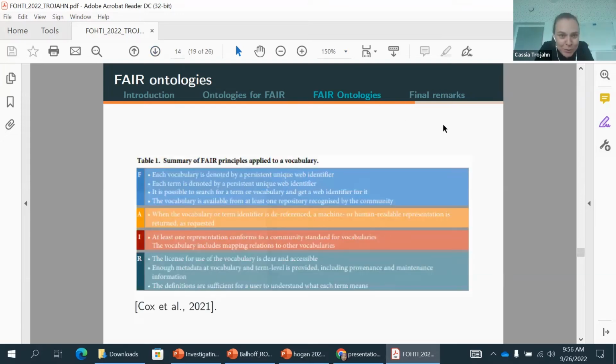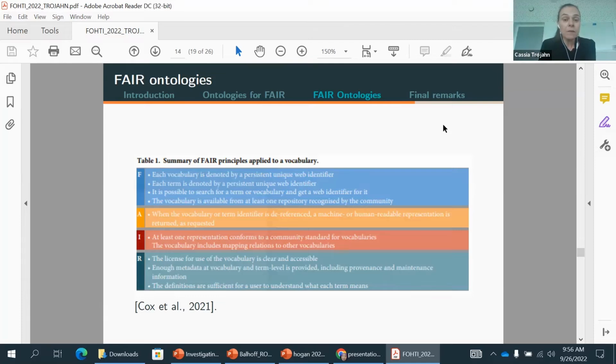I'm sorry, the resolution of the image is not very good, but this paper of Simon Cox has presented 10 simple rules in order to make ontologies FAIR. So the vocabulary is denoted by a persistent identifier. So the ontology is published and has a unique identifier.